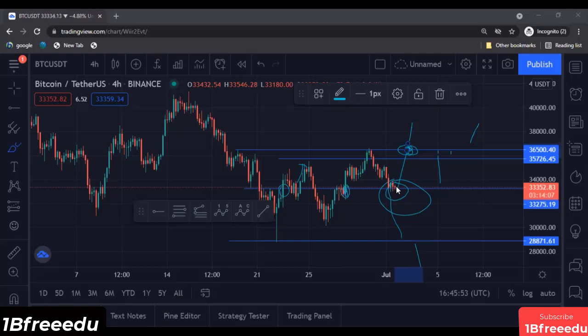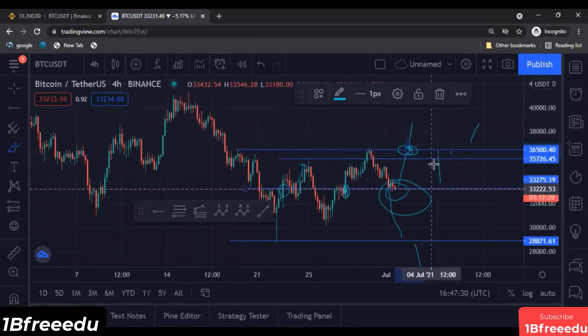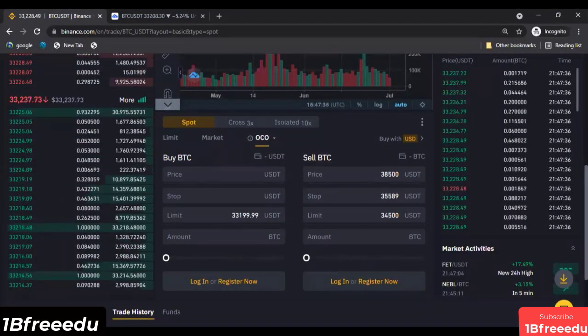now all your targets are profit targets. So basically I was trying to say that you can also set two take profit targets in these types of conditions.